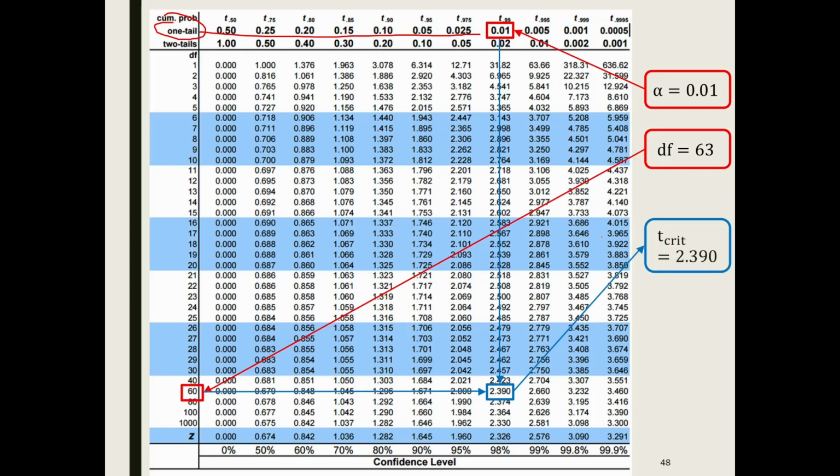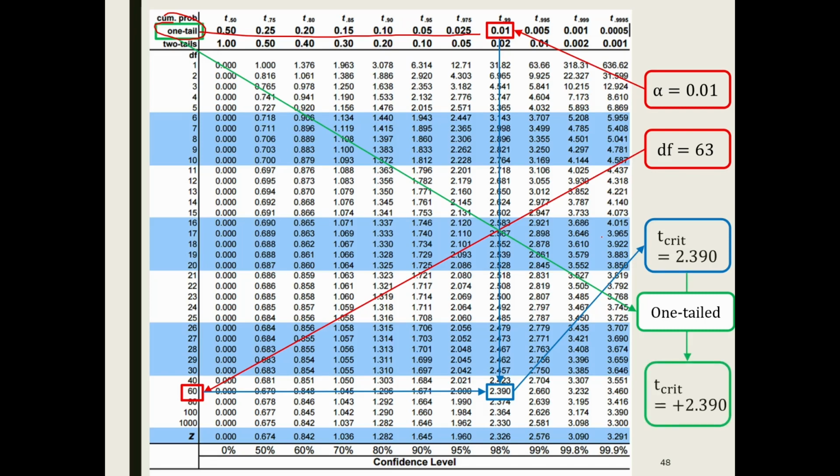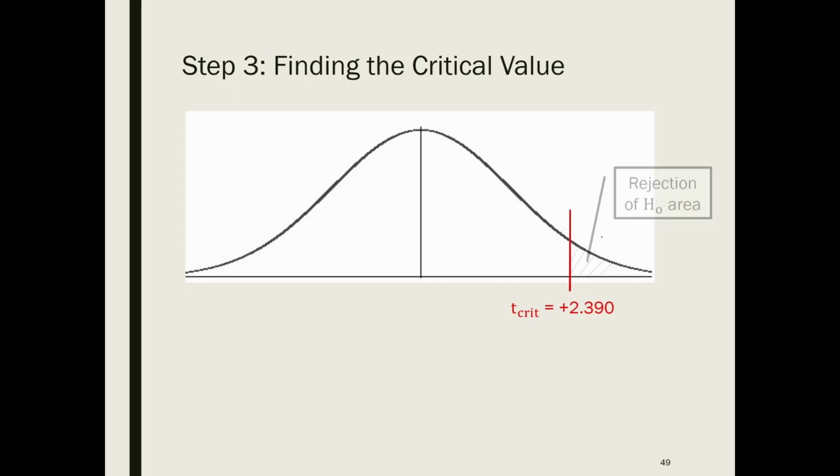And since this is a one-tailed test, we have to consider whether this is a positive or a negative number. We are on the right side, so it is a positive number. So we use a t critical of positive 2.390, because it is a positive one-tailed t-test, right? Mark it here, okay? T critical is positive 2.390.